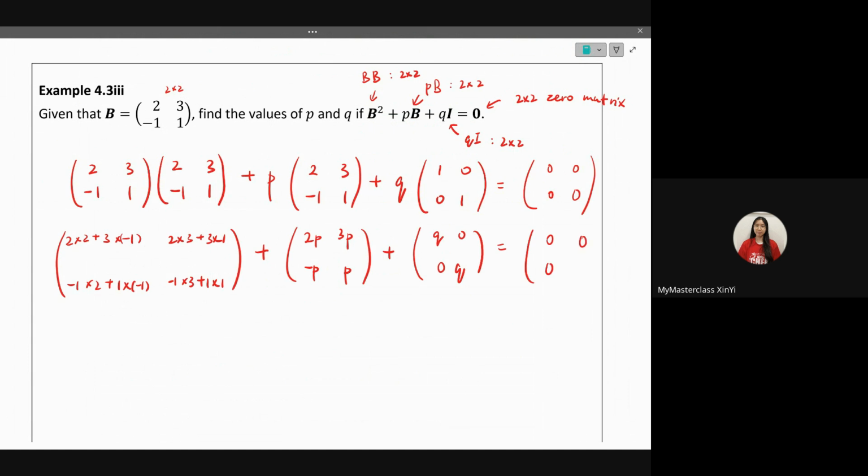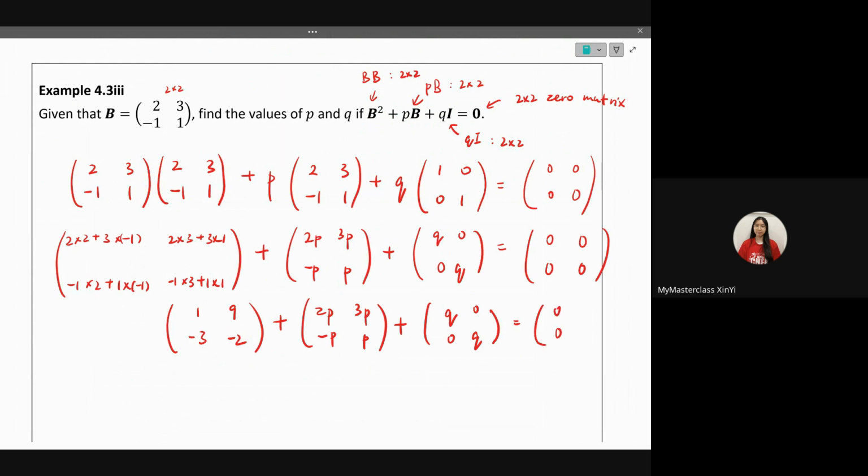Now slowly simplify the matrix multiplication first. This gives you 1, negative 3, 9, negative 2, plus 2p, negative p, 3p, plus q, 0, 0, q equals 0, 0, 0, 0.